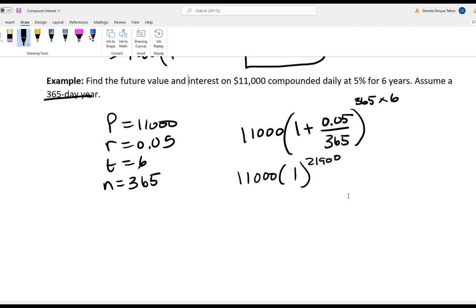Okay. Sorry about that. Alright, here we go. My calculator was really going crazy for a minute. So this should be 1.000137. I'm going to raise it to the 365 times 6, which is 2,190.